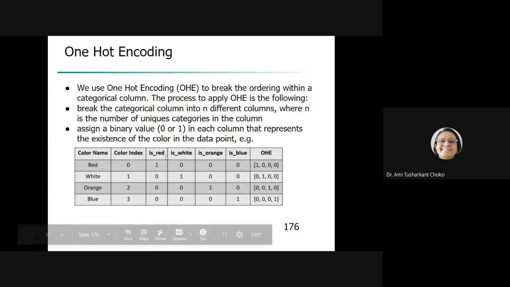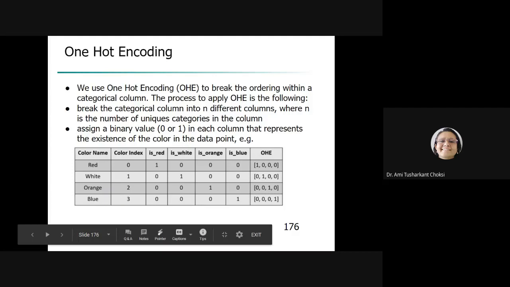So is_red, is_white, is_orange, is_blue. Now we have to assign the binary value, that is 0 or 1. Fine. Now for red, the index we have already given, that is 0, 1, 2, 3. So we do not have to fill anything in that.